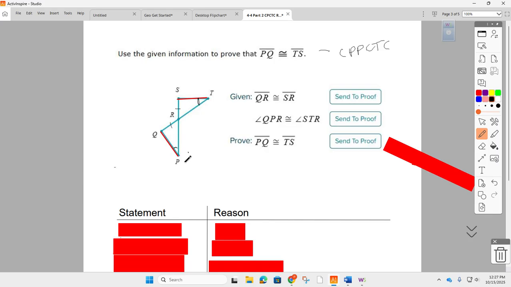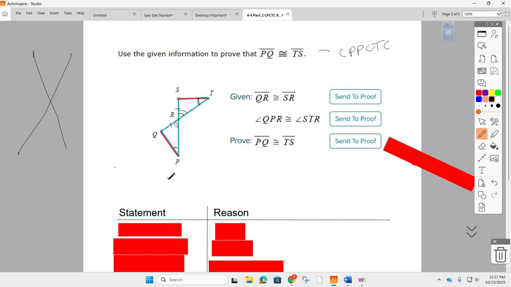Alright, so I know these sides are congruent. I know one angle. Can I prove that any other part of these triangles are congruent? If you're not automatically thinking vertical angles when you see two lines cross, that's your mistake here. That has to jump out at us. This segment intersects with this segment. It creates vertical angles. This is a vertical angle, this is a vertical angle, but we don't care about those. We only care about the angles that are in our triangle. So here, this angle and this angle are congruent.